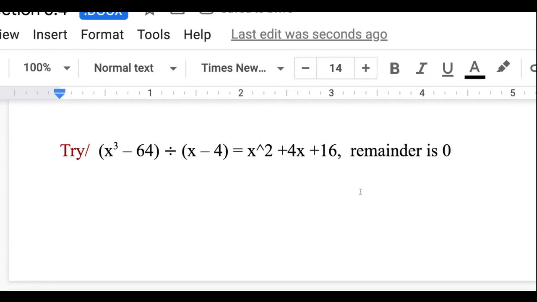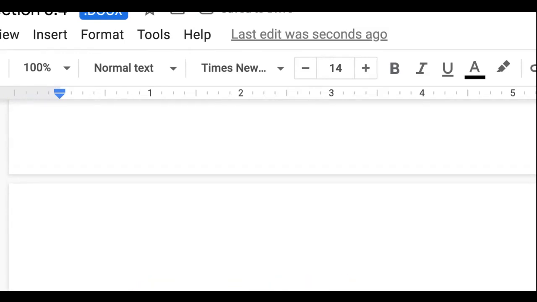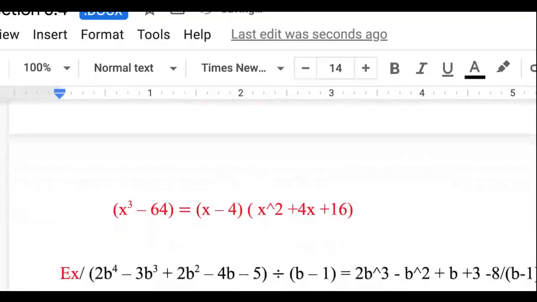So what does this mean? This means the dividend can be factored. Let's look at this.